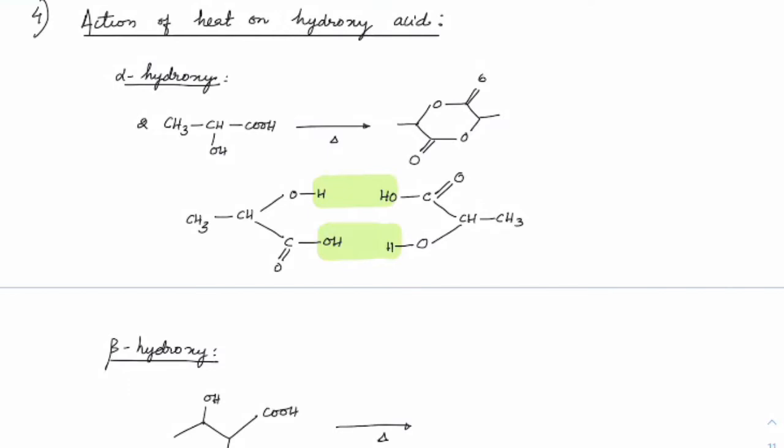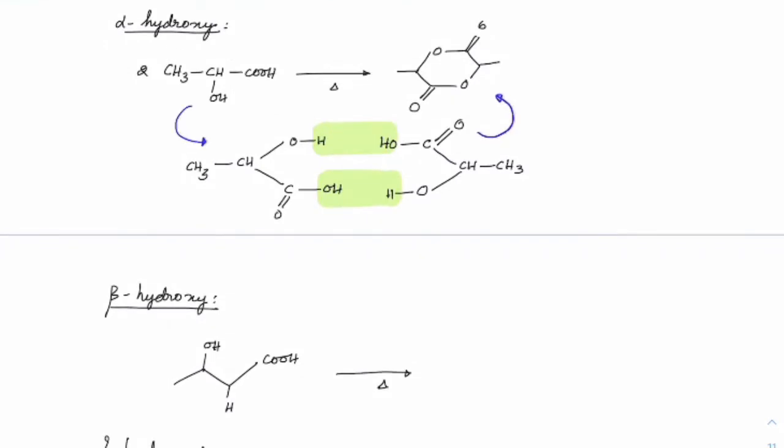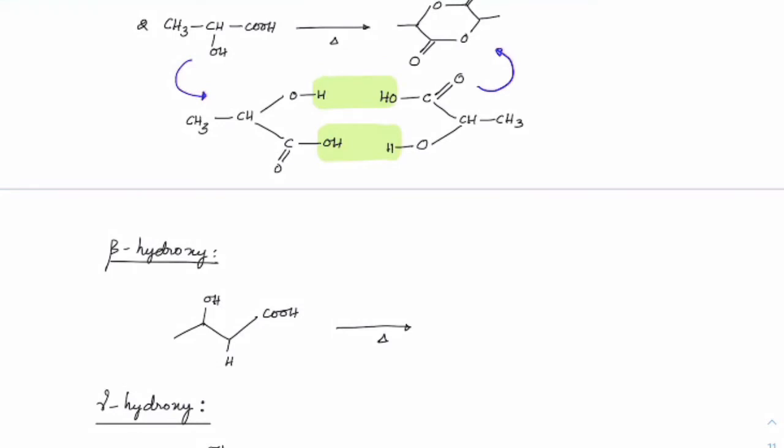Keep writing that. In beta hydroxy, we will get this product. How does that reaction take place? In case of beta hydroxy, this OH and H, if you can dehydrate, the double bond is formed, and the double bond will be a stable form with an acid. So elimination is more preferred here on heating.